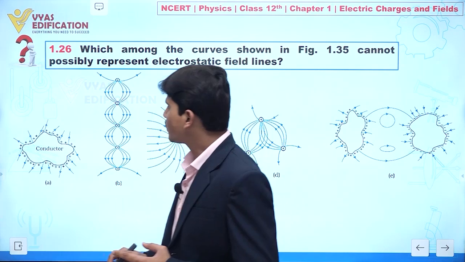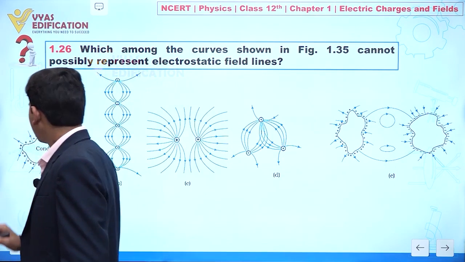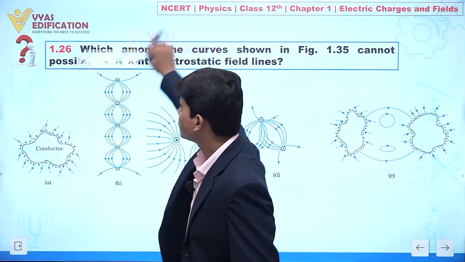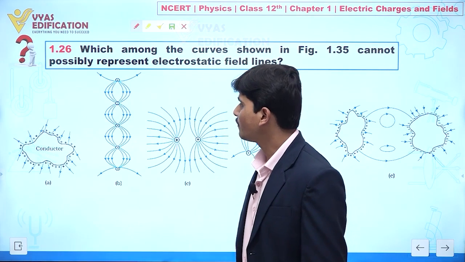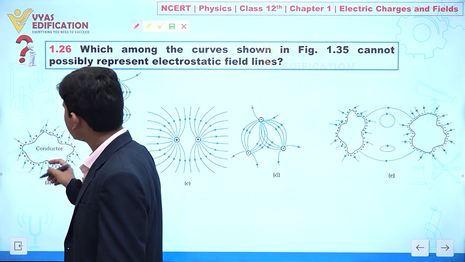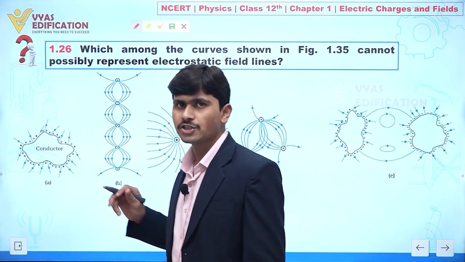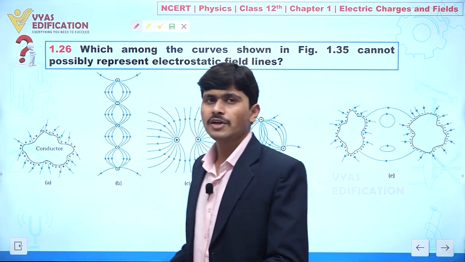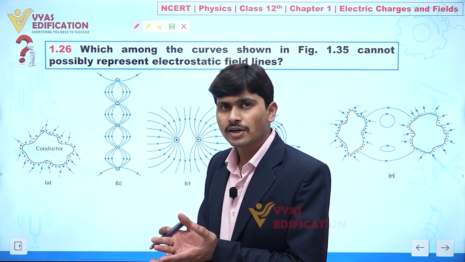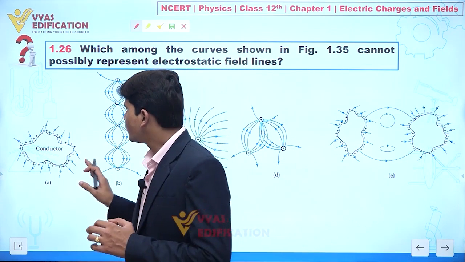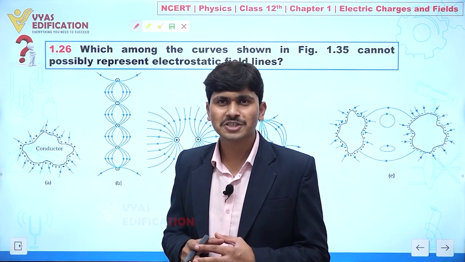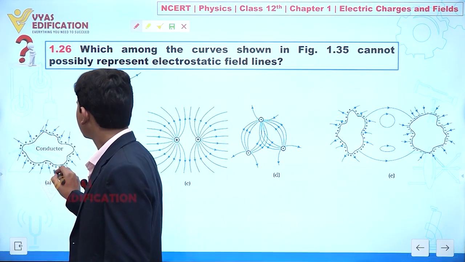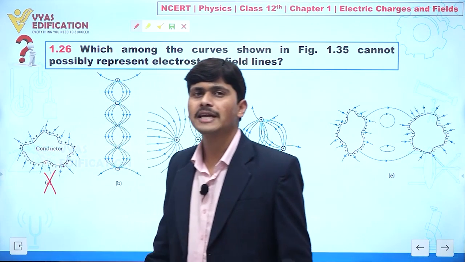Now concentrate on figure A. We can see the electric field lines are in the outward direction, and positive charge is provided to this conductor; we know the charge is distributed on the surface. But is this type of electric field line possible or not? I will say no. Figure A is wrong.